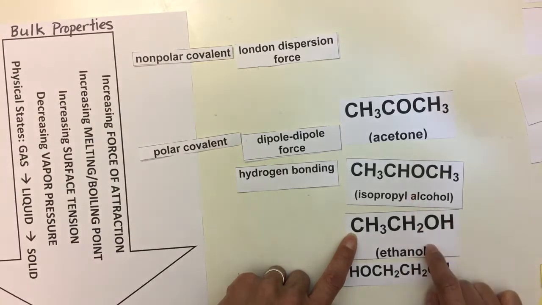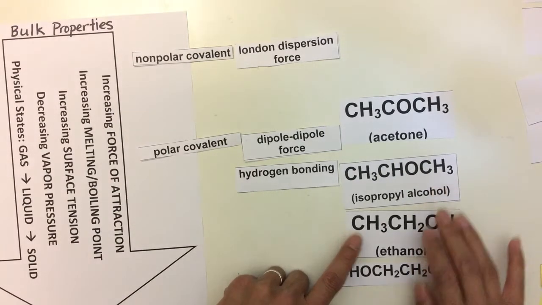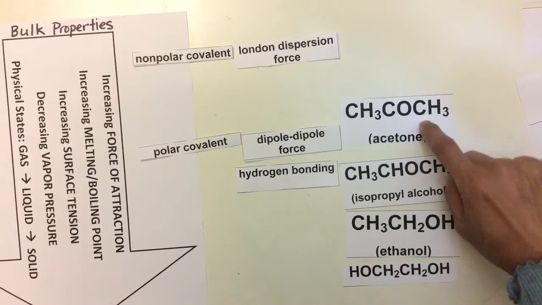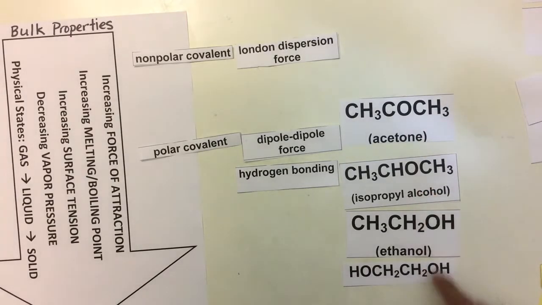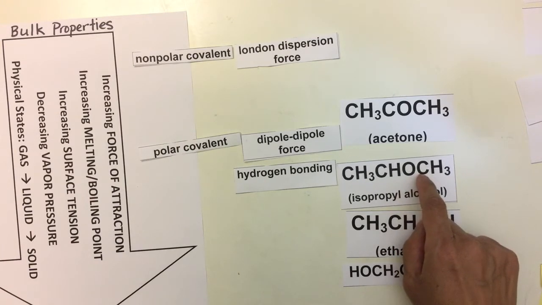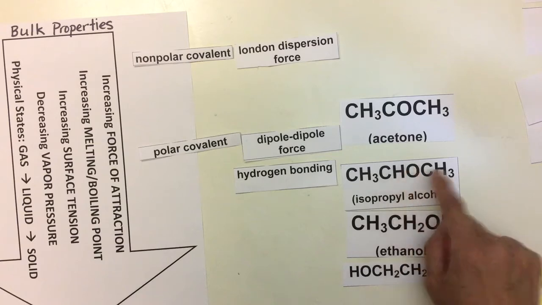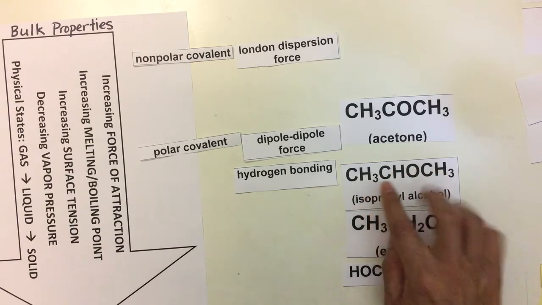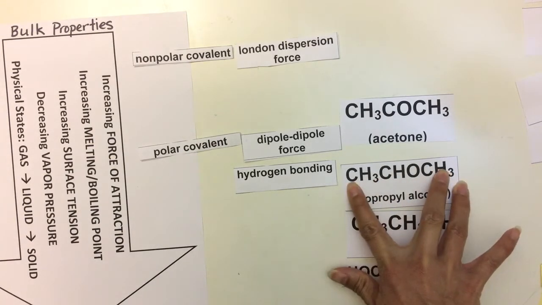Okay, so here we have dipole dipole. We have all three of these hydrogen bonding. This one has a weaker hydrogen bonding because it's obstructed by the two nonpolar ends that you see here.